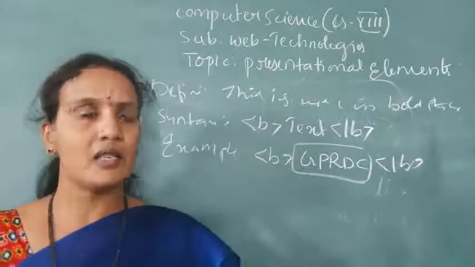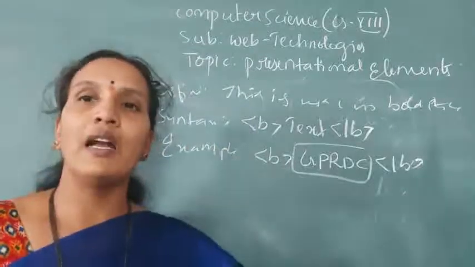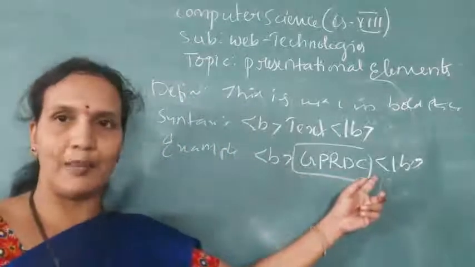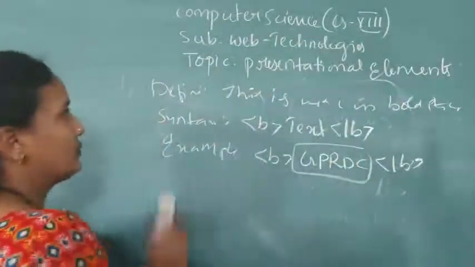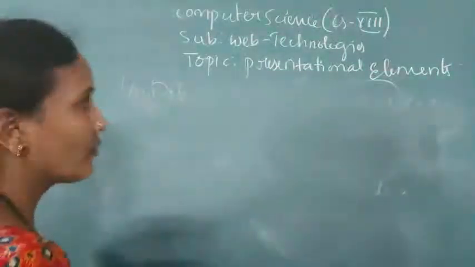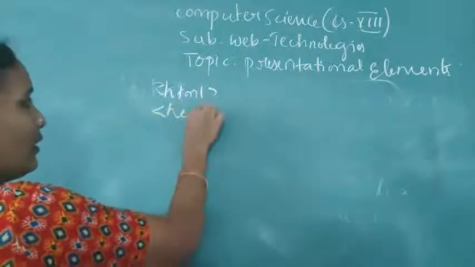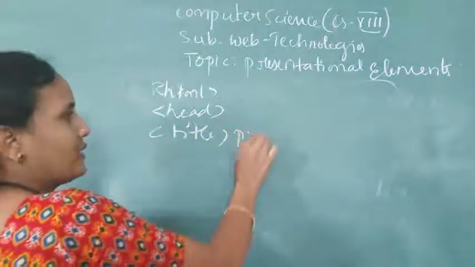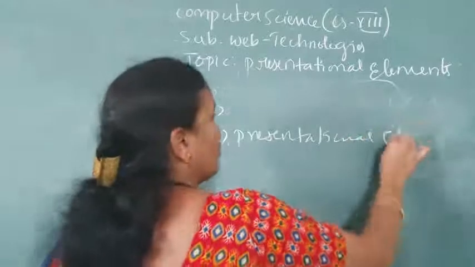At last, you include all the tags in the body section, and that will become your program. So for each and every tag, we are writing one example, no? That example you include inside the body section, like this. HTML, head, and inside the head, title. For example, I am giving the title as presentational elements.